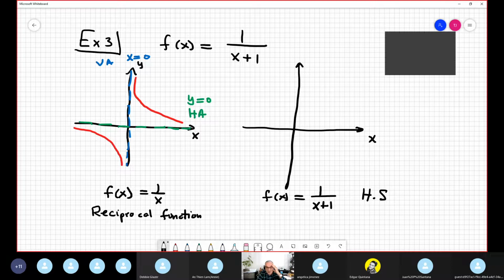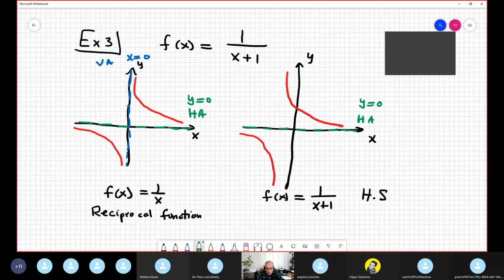So when you move the red curve to the left, it is obvious that the horizontal asymptote stays the same, because the transformation was horizontal shift.